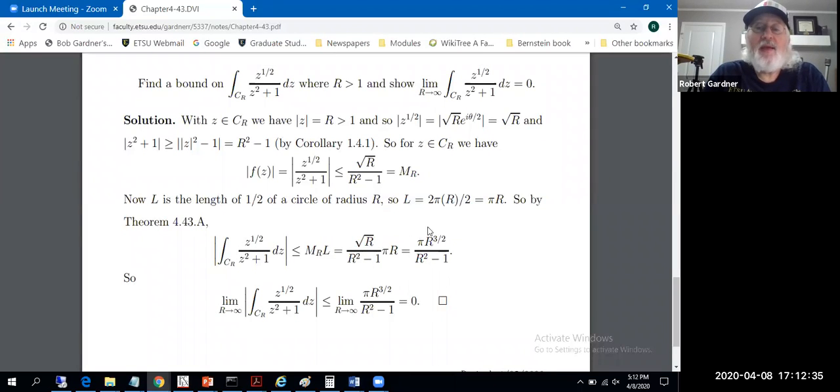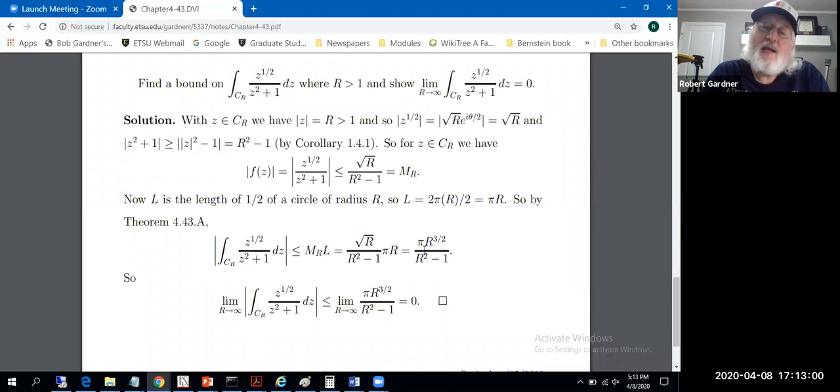So we've got the length, we've got the bound, capital M. So by theorem 4.43a, the integral over C sub r, in modulus, is bounded above by the M parameter, square root of r over r squared minus 1, times the length, pi r.